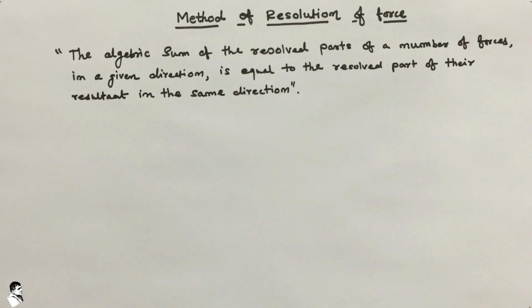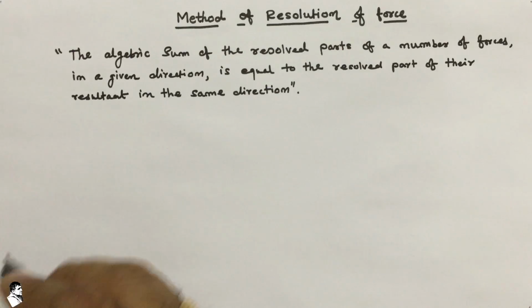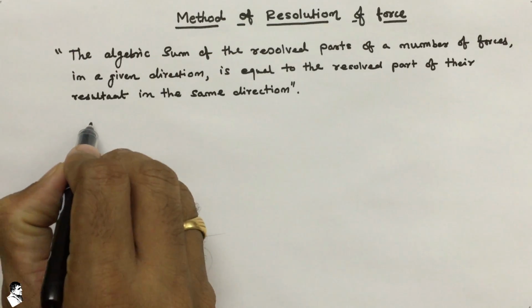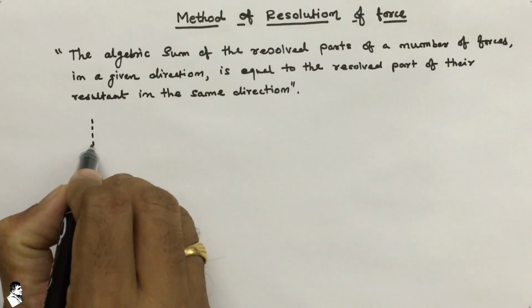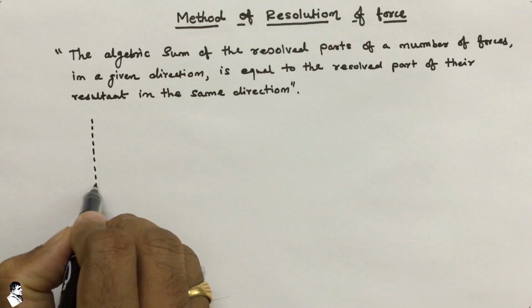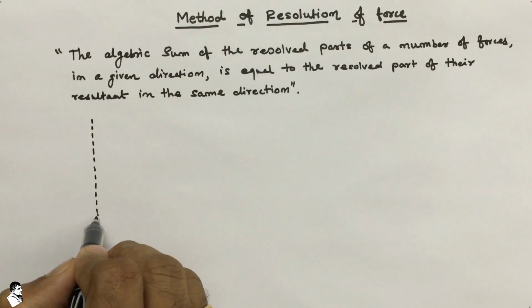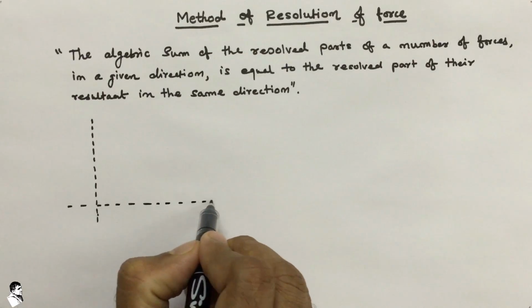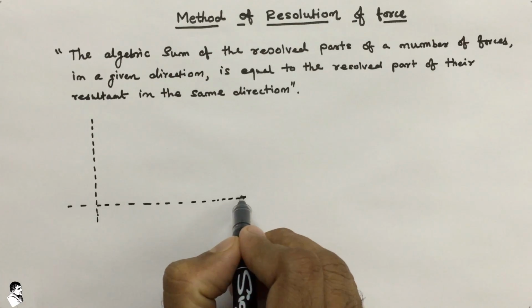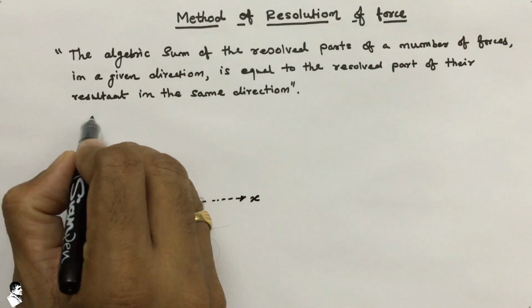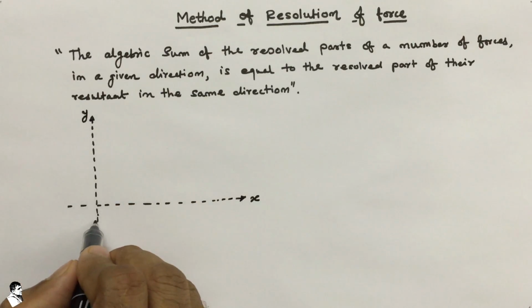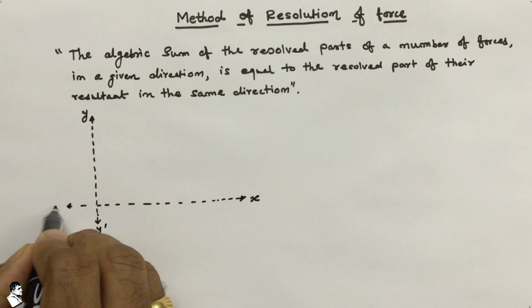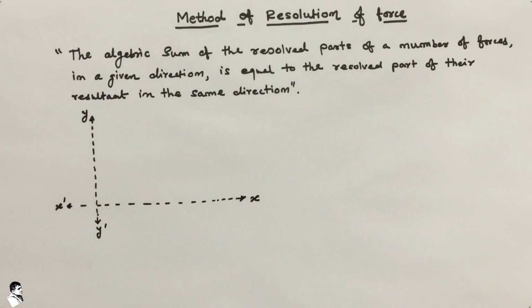Now, if we talk further, and consider for simplicity two forces P and Q, let us first of all consider two different axes. This is axis X and this is axis Y. Similarly, this is Y dash and X dash.